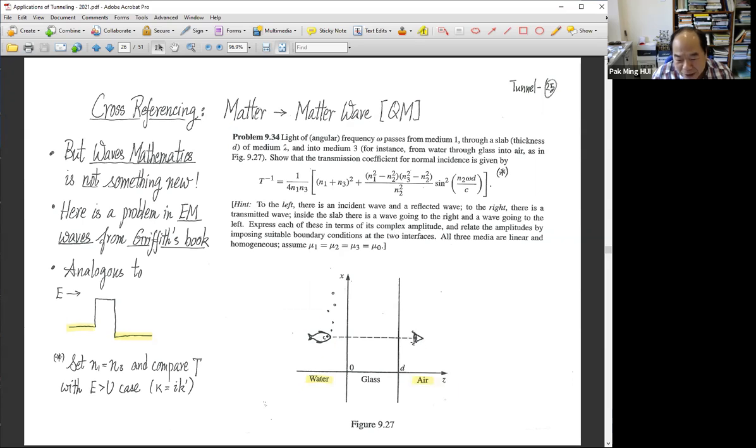And then you are seeing that, so this is the standard case. n1, n2, n3 refer to the refractive indices, and you are asked to prove that 1 over transmission is something like that, okay? You flip it, and this sine term is in the bottom. It is a sine because it is like above the barrier.